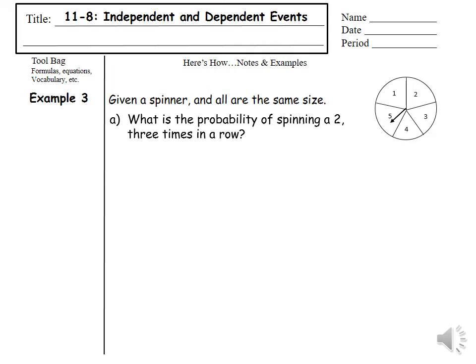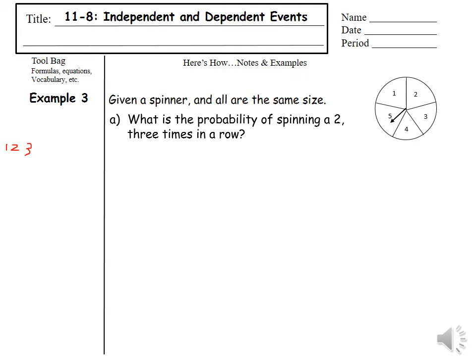So let me show up the pen. If you spin 3 times in a row, that means you spin a 1st, a 2nd, and a 3rd time. As we know, it's independent, so each time the probability doesn't change. The probability of spinning a 2 is always, how many 2s again?